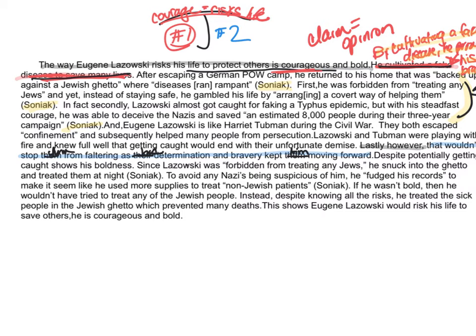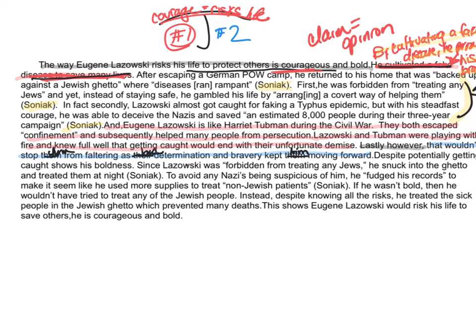So let's take a look now at, let me pull a highlighter up here, the commentary. And Eugene Lazowski is like Harriet Tubman during the Civil War. They both escaped confinement and subsequently helped many people from persecution. Lazowski and Tubman were playing with fire and knew full well that getting caught would end with their unfortunate demise.